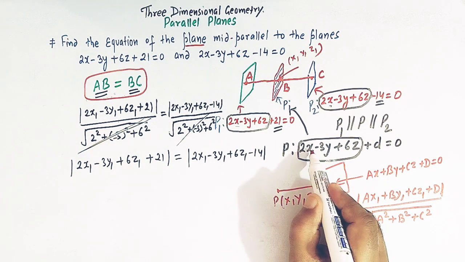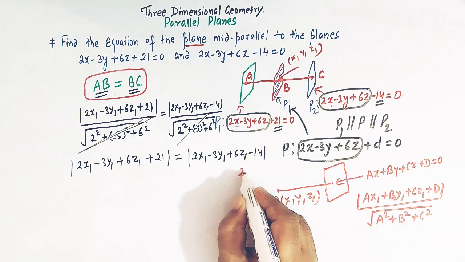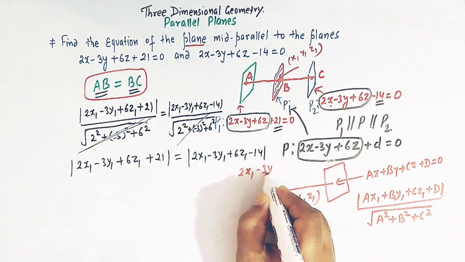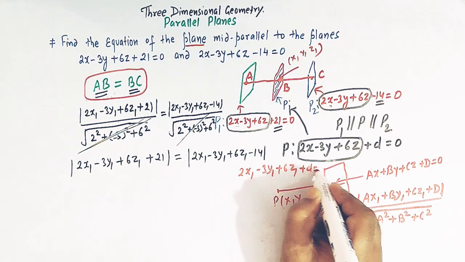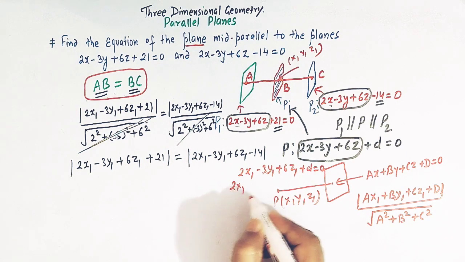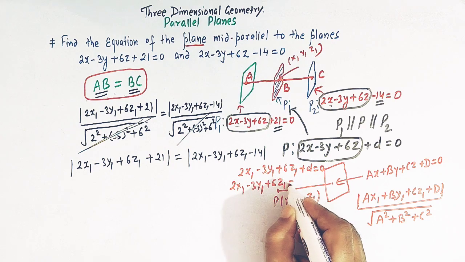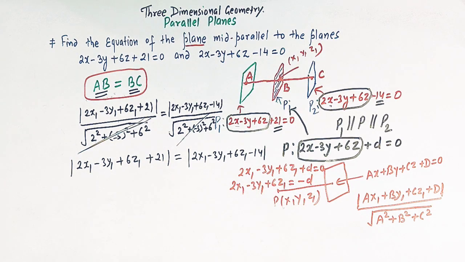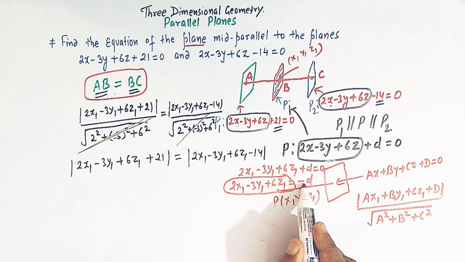So here we can substitute x1, y1, z1 in this equation. So we'll get 2x1 - 3y1 + 6z1 + d = 0. So now we can have 2x1 - 3y1 + 6z1 = -d, right? So the value of this expression is now equal to -d.